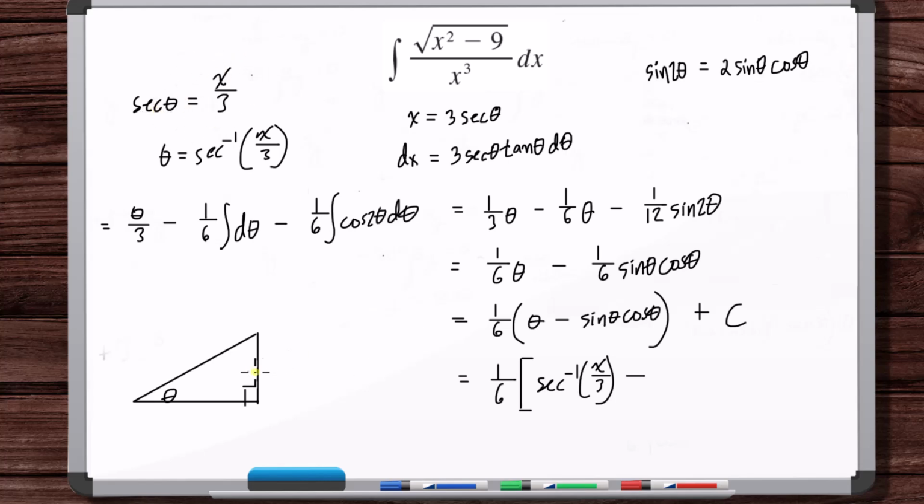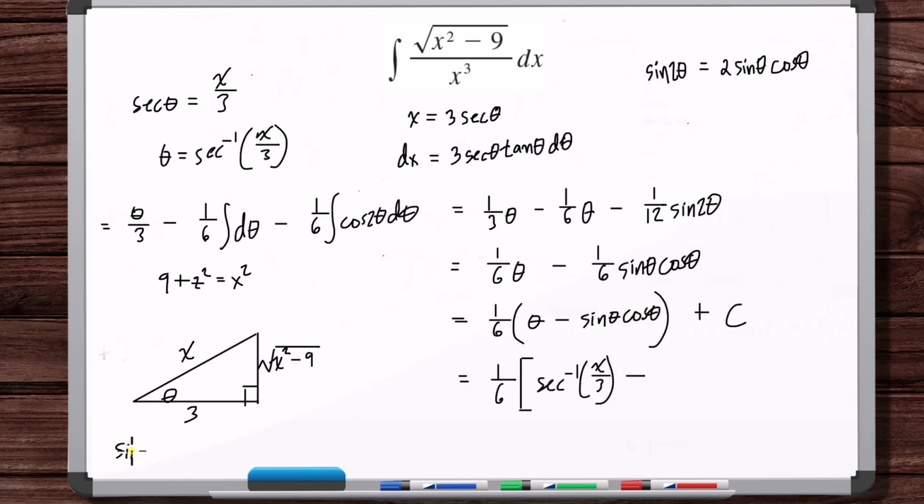This is hypotenuse over adjacent. Okay. Now we need to get what is this side? Well, if we say this is z, then we've got 3 squared plus z squared is equal to x squared. So this is square root of x squared minus 9.